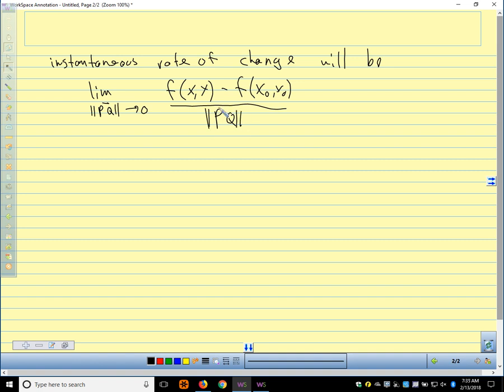Now, this doesn't look like a particularly nice limit to have to evaluate. So that's why we're going to do some more work with this.